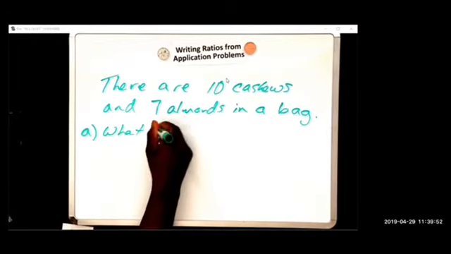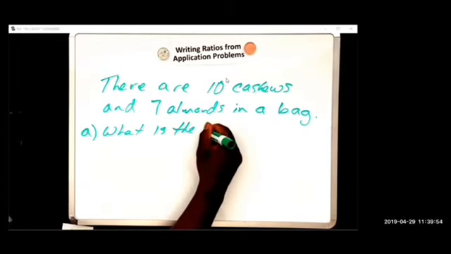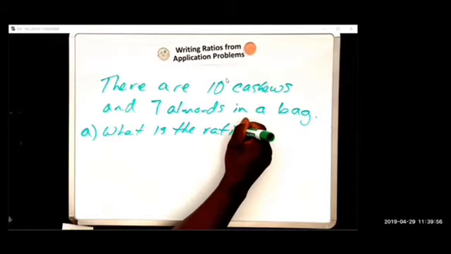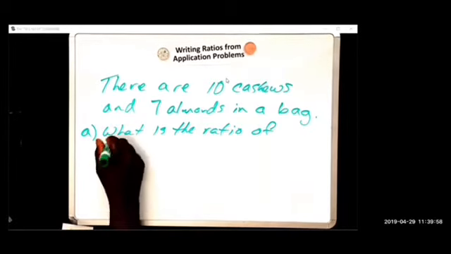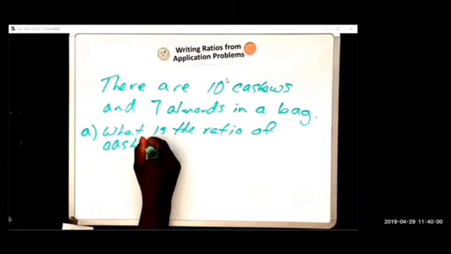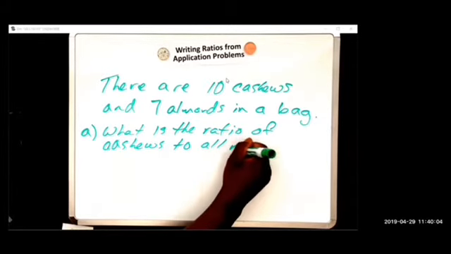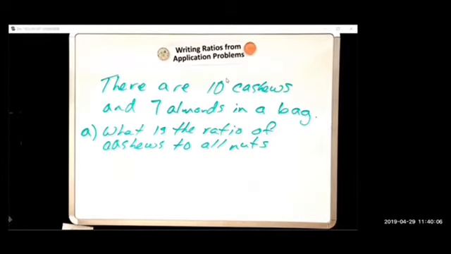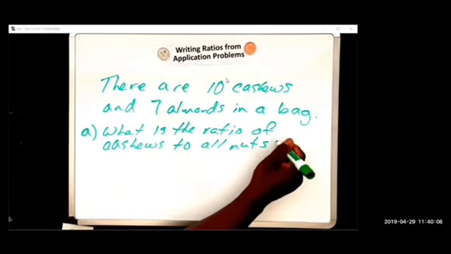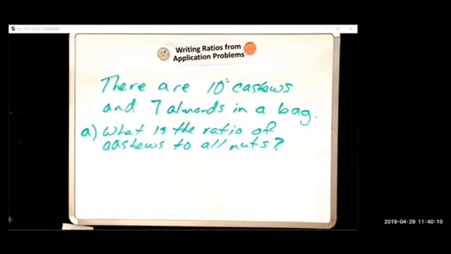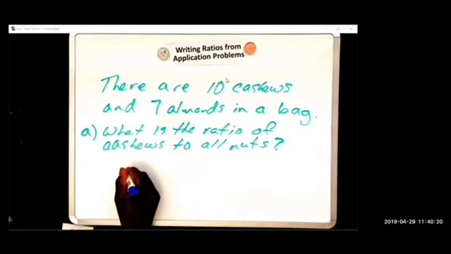What is the ratio of cashews to all, right? All the nuts in the bag. All right, so let's first write that. Sometimes students get this confused. Now, if we're talking about cashews, and we want the ratio, so it's going to be a fraction.